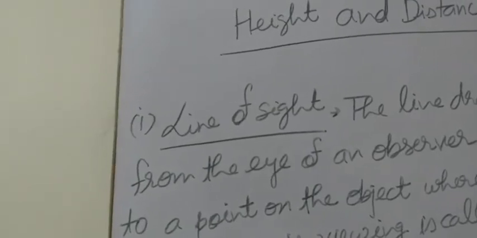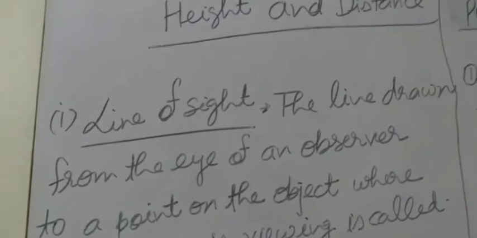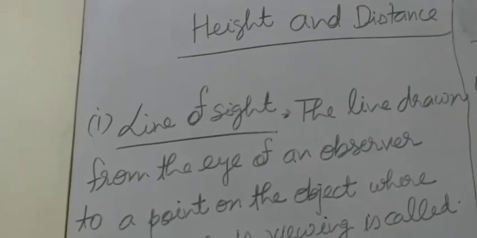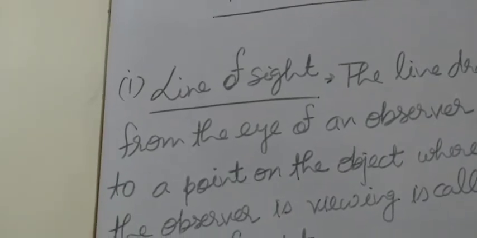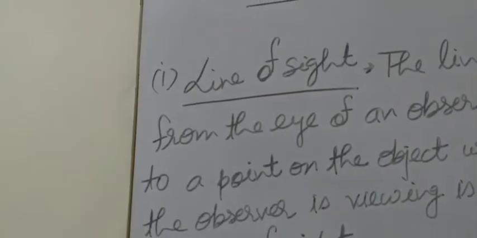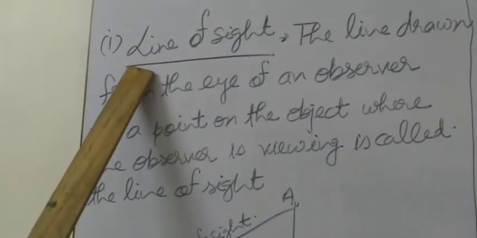So here we are going to use trigonometric ratios to find the height and distance. So we can say this is an application of trigonometry. Correct? So some definitions we have to remember.